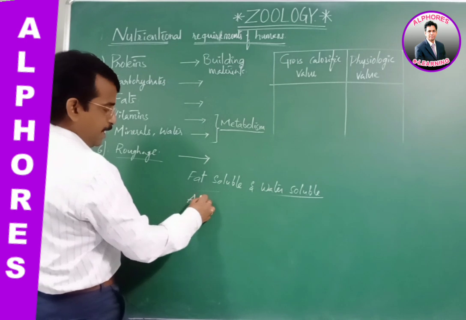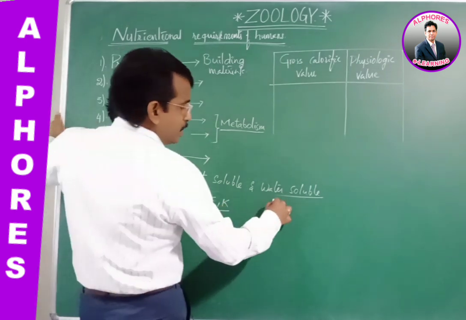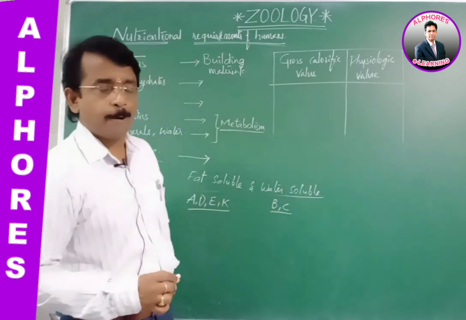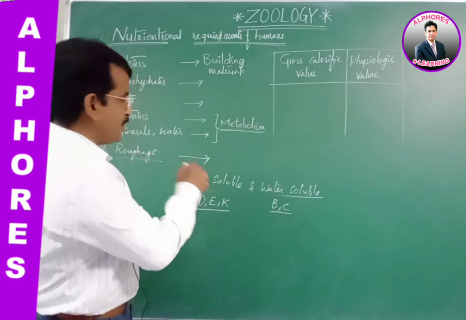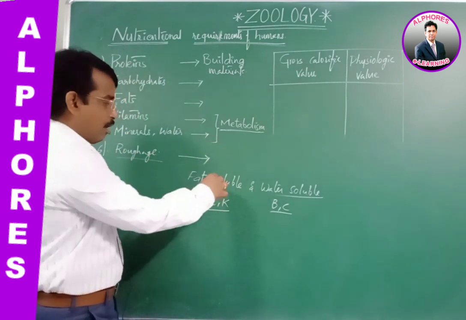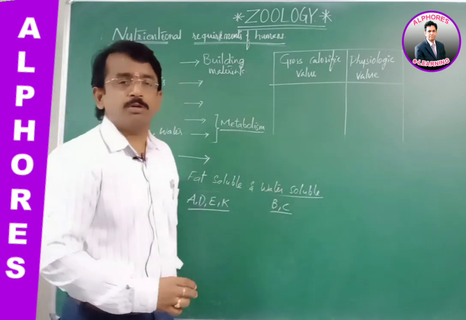A, D, E, K are said to be fat soluble, whereas B and C are water soluble. A vitamin, D vitamin, E vitamin, K vitamin are fat soluble, whereas B and C are water soluble.